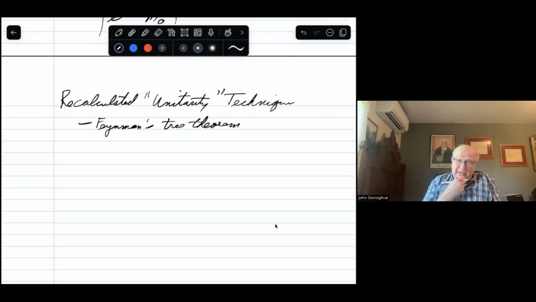In that paper, he proved the theorem that you can reconstruct the perturbative expansion knowing just on-shell matrix elements. And he used that to argue for the need for ghosts to remove unphysical degrees of freedom.